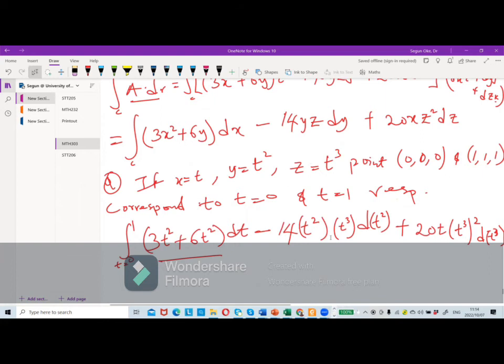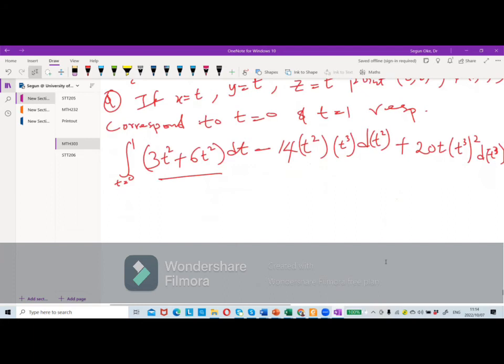No, you have to harmonize. You don't have t like this. Each of them must represent a single t. So that is when your law of indices and differentiation will come to pass.